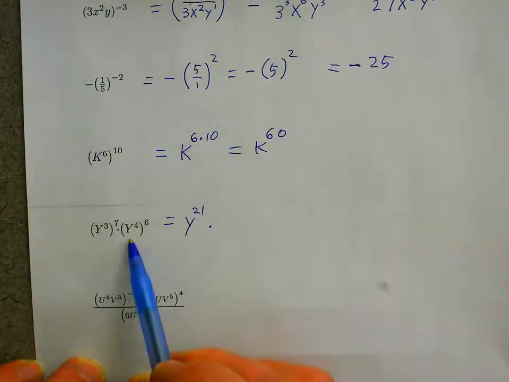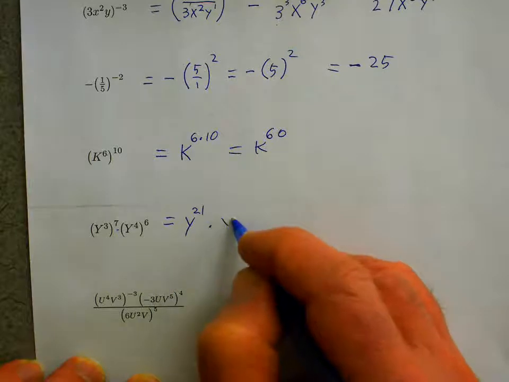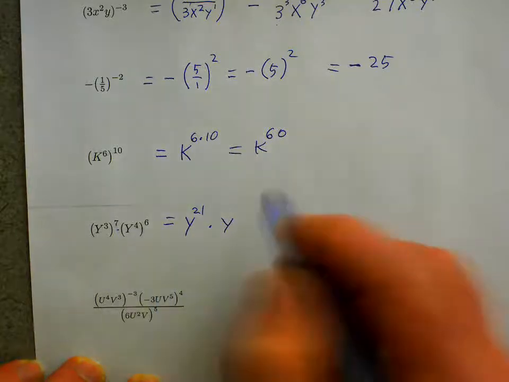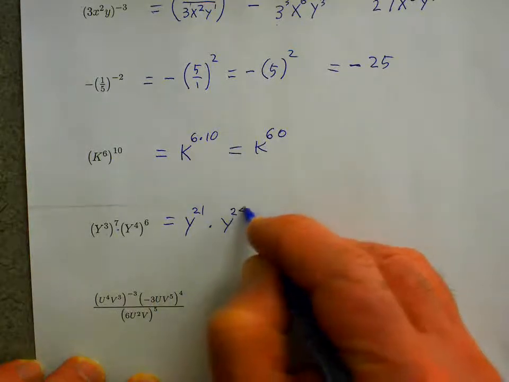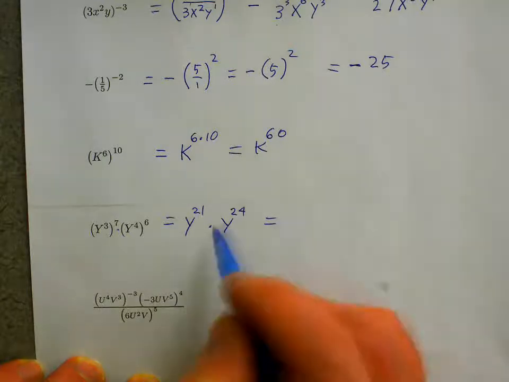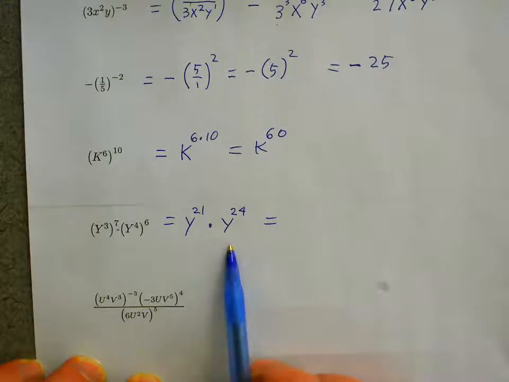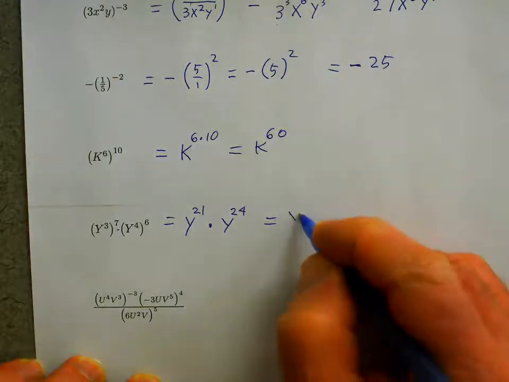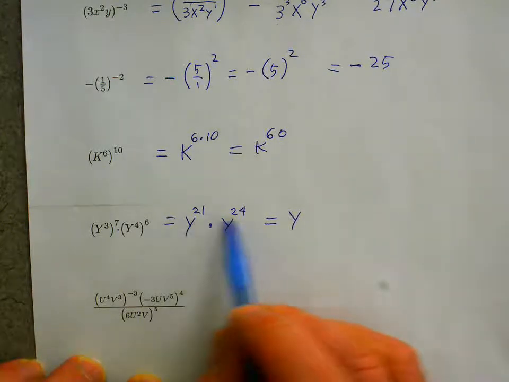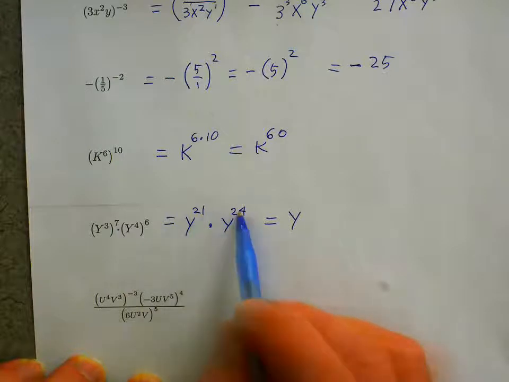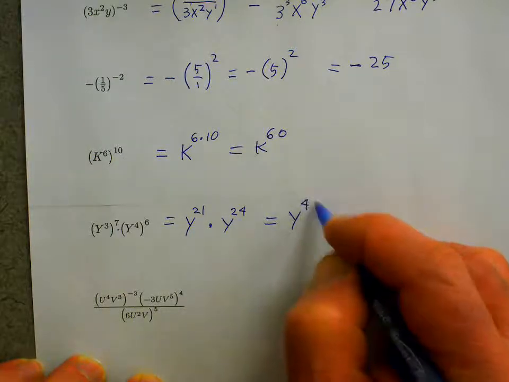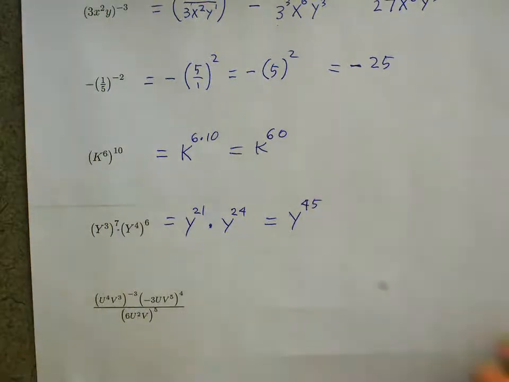And y to the 4th to the 6th is y to the 6 times 4, or y to the 24th. And then y to the 21st times y to the 24th is y to the 45th, because we're adding the exponents. So we get y to the 45th.